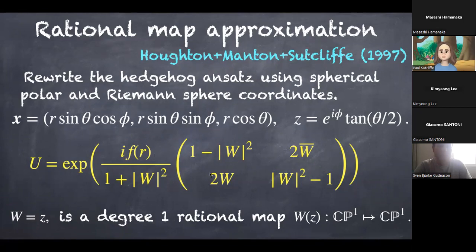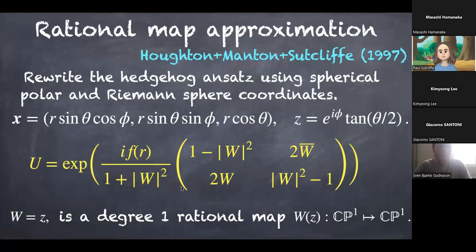And then all the other bits in the matrix are just a more complicated way of writing the thing that looked a bit like x dot tau before, the Cartesian coordinates dotted with the Pauli matrices. I've just explicitly written some matrix here. And W is just Z. So if you take W, this complex field, and replace it by Z, this is exactly the hedgehog ansatz that I showed you before. I've just written it in these funny variables.